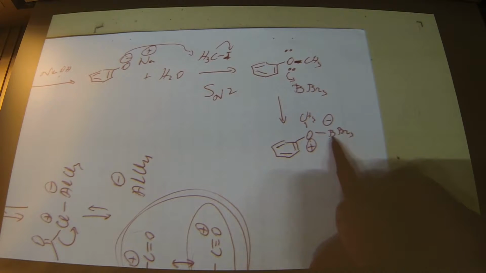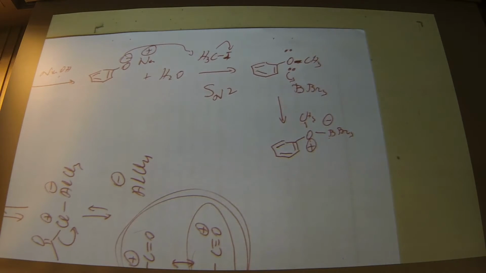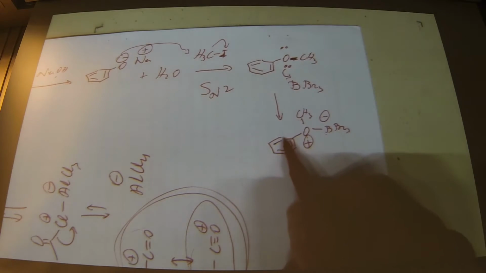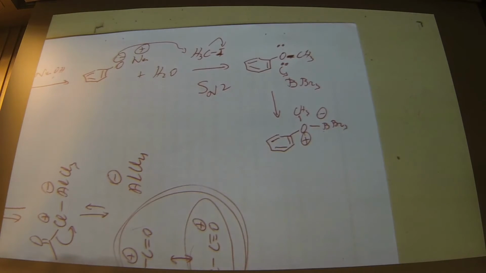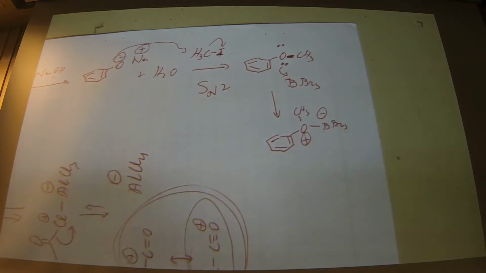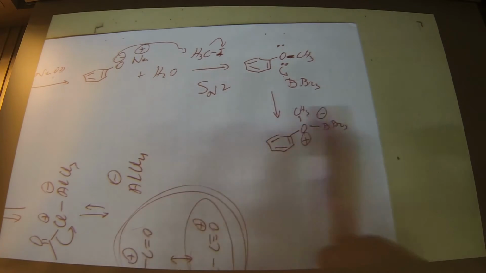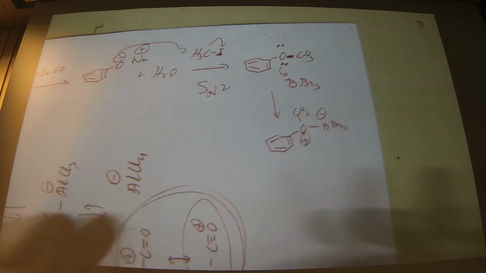So this species can lose Br minus. That Br minus can attack the methyl group, spit off methyl bromide, and give you a boron phenoxide. All 3 bromines are reactive. Okay? And then when you work up the reaction, work it up with acid, you get your phenol back and you get boric acid. So it works exactly the same way as we've seen all along.